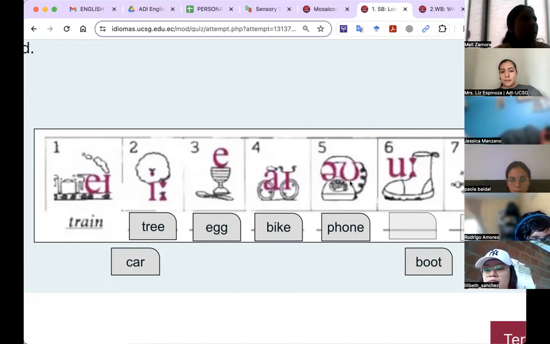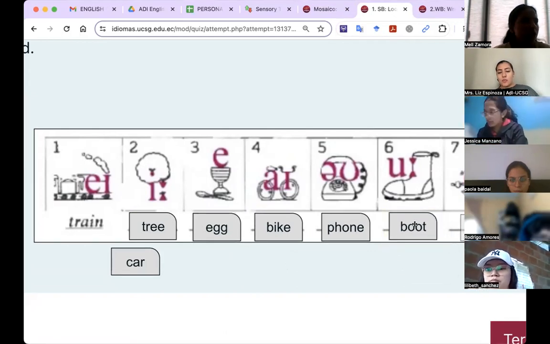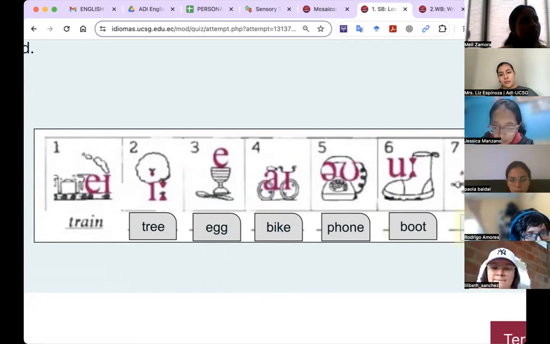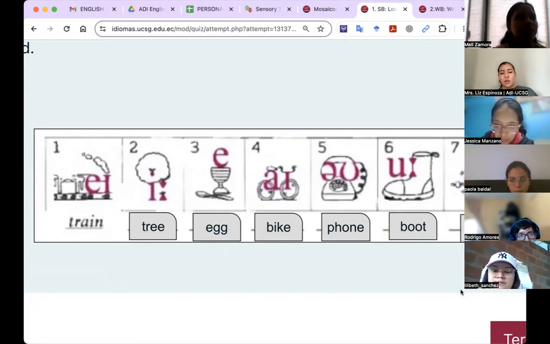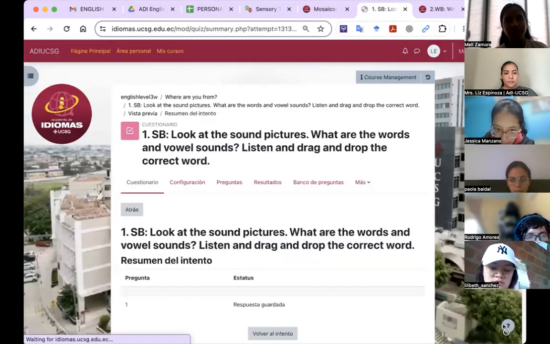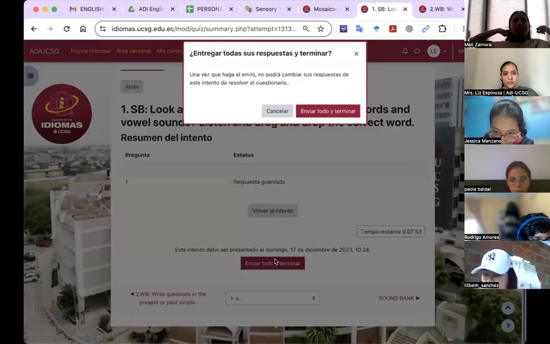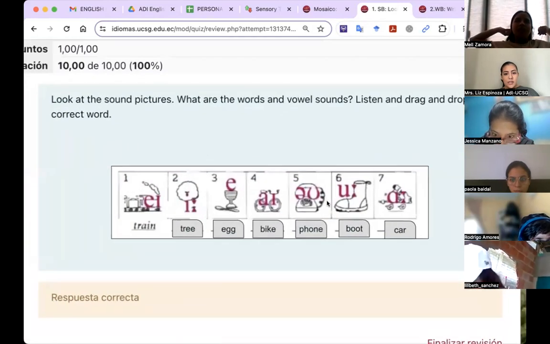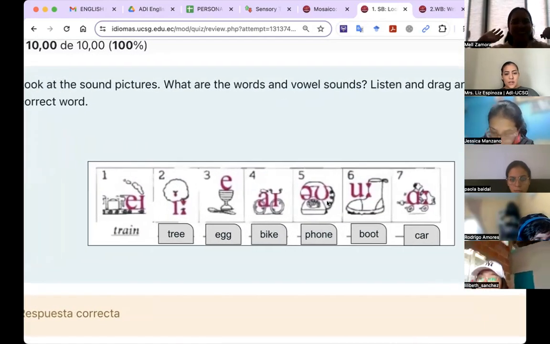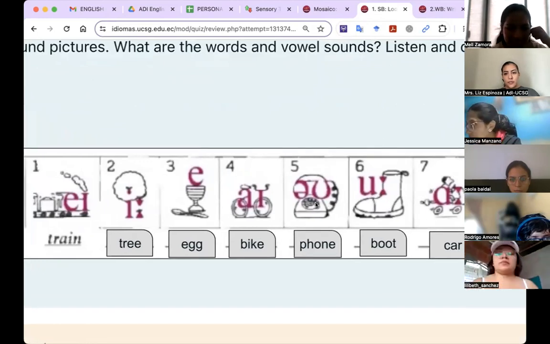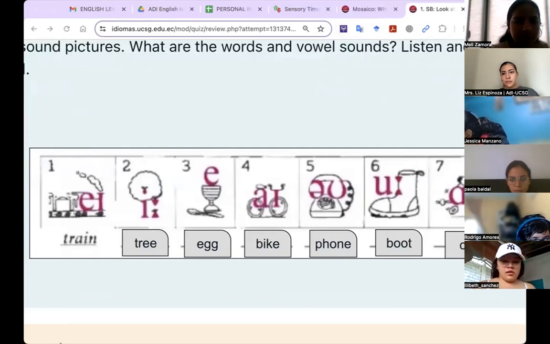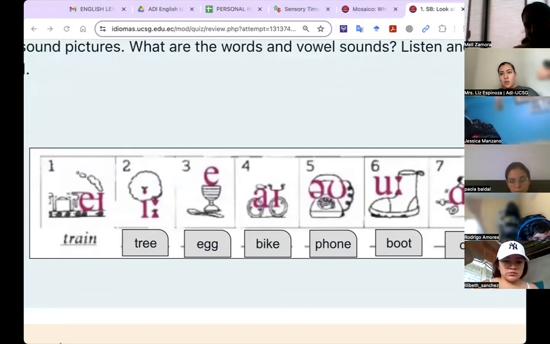Number 6. Boot. Like a long ooh, boot. Very good. The last one. Car. Yes. Let's see. This was very easy. Excellent. So please go and answer the first activity of pronunciation. While you do so, I'm going to check what Gabby said, okay? Please go and complete.